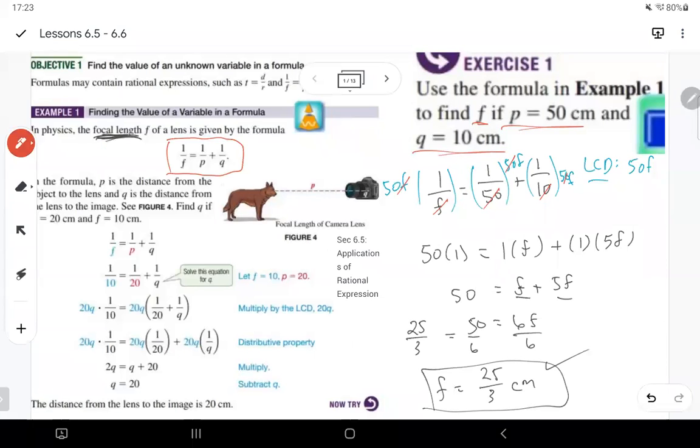If you go to check back, you realize that you can't have f equal to 0, and you can't have f equal to a negative, because it's a length.